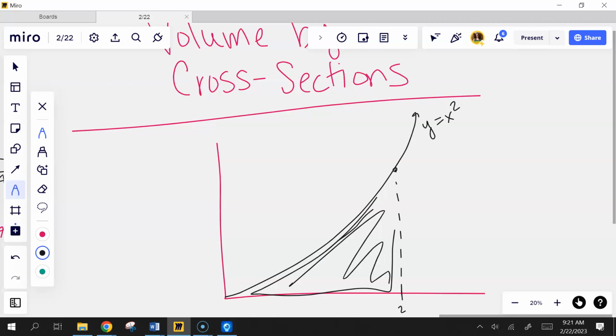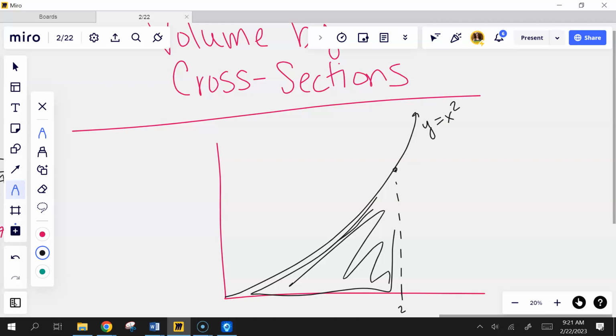Remember how we did RAM and it was little rectangles? This one, think like a loaf of bread, I can cut pieces out, right? The only difference is I'm going to tell you what shape these sections are that I'm cutting out. So maybe they're squares, maybe they're triangles, maybe they're semicircles, maybe they're full-on circles. Whatever it is, there's a shape.